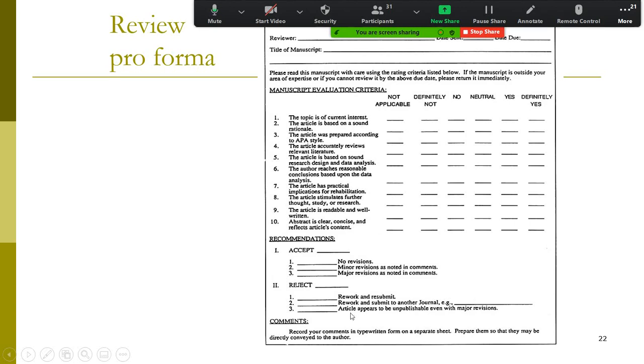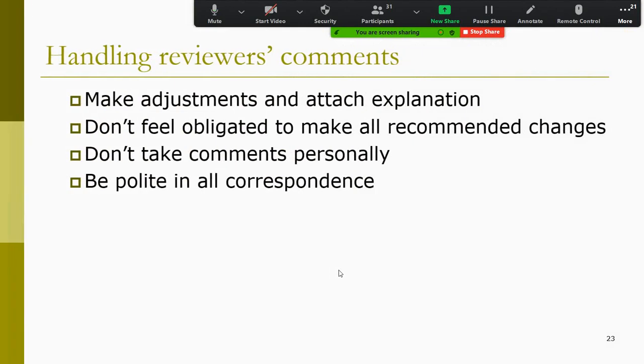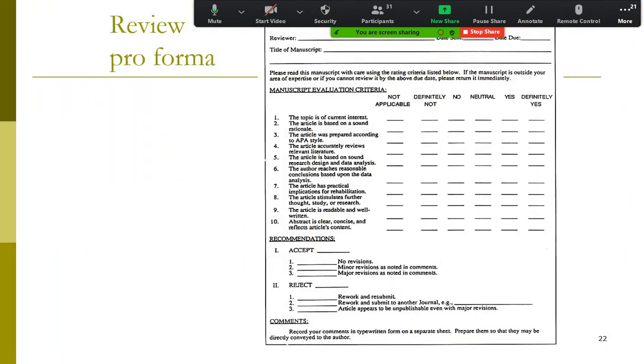And another option is article appears to be unpublishable even with major revisions. One of these 6 recommendations you can see in this proforma. Normally this is one of the proformas. Normally it is the practice of the e-journal what kind of information they want from the reviewers.